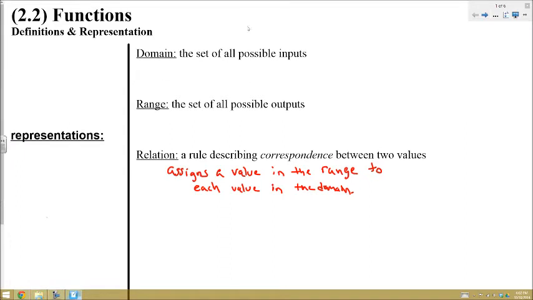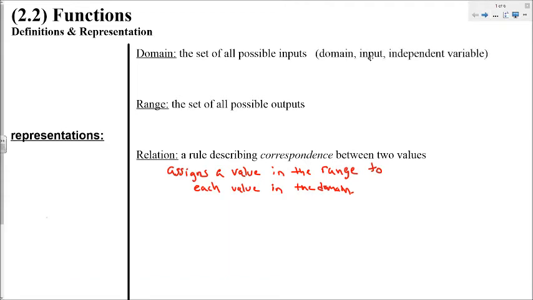Now, another way of thinking about the domain, or another word that represents the same idea, is input or independent variable. Similarly, the word range is used interchangeably with the word output or dependent variable. So a relation takes some input and gives me some other output. And we can represent that in a number of different ways. We can represent a relation by a sentence or rule describing exactly what's happening.